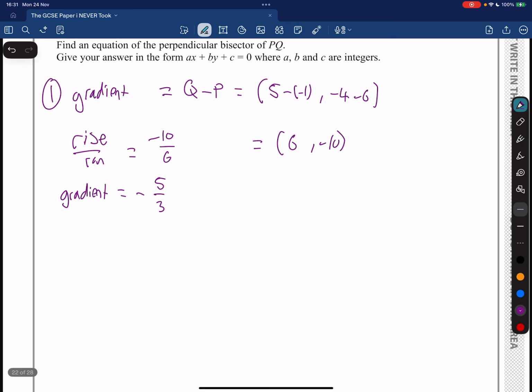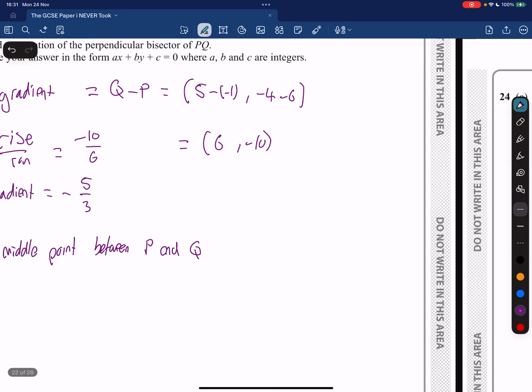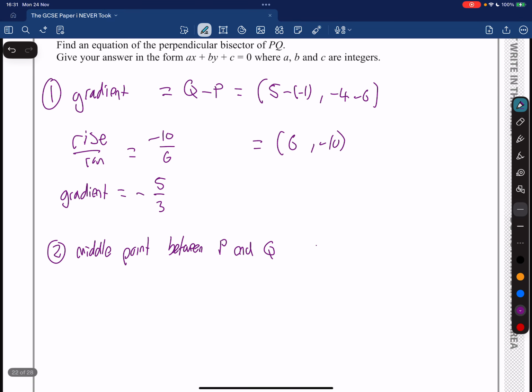Okay, and now what I need to do is find the middle point between P and Q. So what we do is P plus Q over 2.